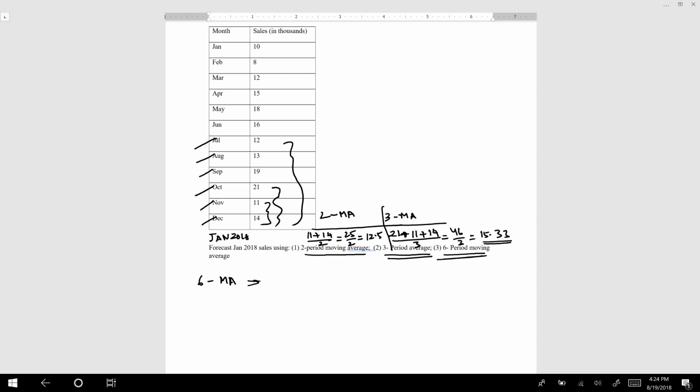The average would be 12 plus 13 plus 19 plus 21 plus 11 plus 14 divided by 6. That gives us 90 divided by 6, that's 15 units. So I'm just taking 12, 13, 19, 21, 11 and 14, the average of all those numbers.